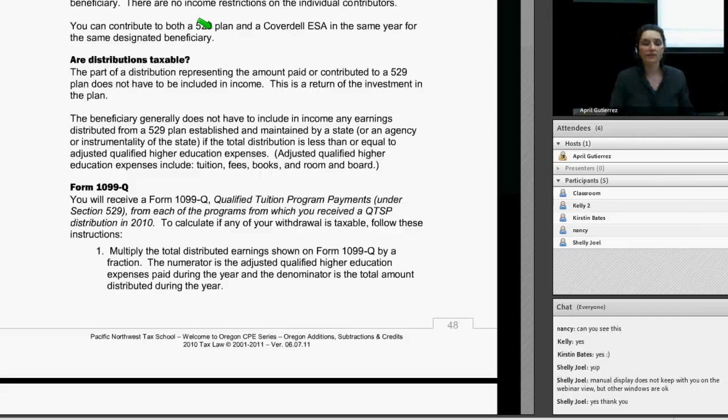So if you have a child that will be attending school under a plan that is the Oregon College Savings Plan and you find that that's a fund that you want to invest in, there's the added incentive of a tax break for Oregon. There was a lot of stuff in the news in the last few years about one fund managed by Oppenheimer, yeah, that was the name that came to my mind too, that had been very badly managed.